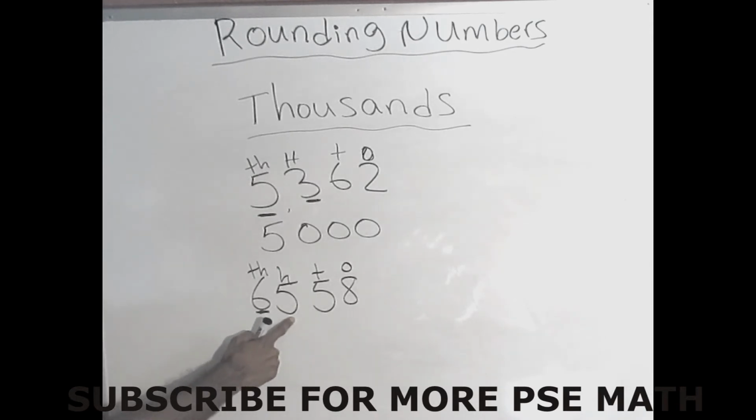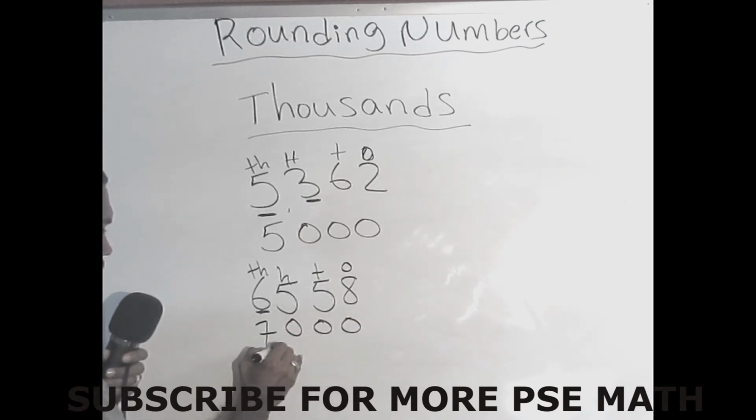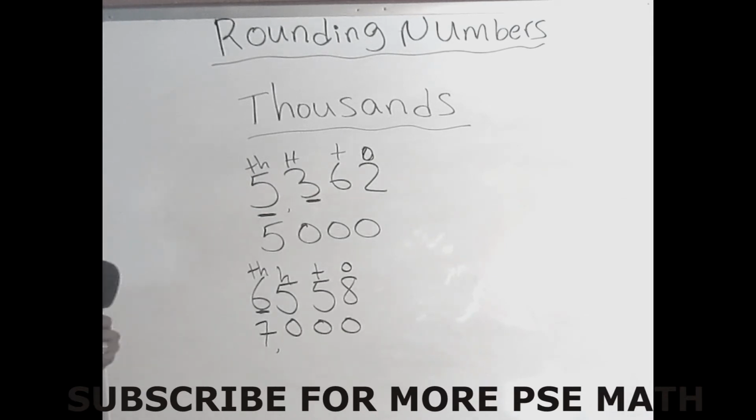But in this case, the number in the thousands place is 6 that we're rounding, and we look at the hundreds place, and because this is 5, we'll add 1 to the number in the thousands place. And so the 6, add 1 to that, it becomes 7, and the other 3 numbers just become 0. So 6,558 rounded to the nearest thousand is equal to 7,000. So 7,000 is our answer.